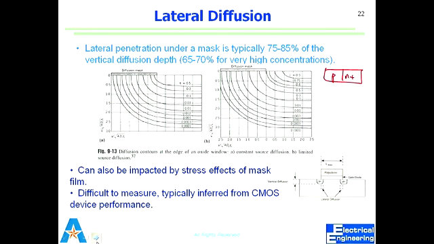First I have this silicon dioxide, for example, and then I open this window through which I'm going to do diffusion. My end goal is to have diffusion here. This is ideally what I want. But what I end up getting is maybe the same depth, but something like this.